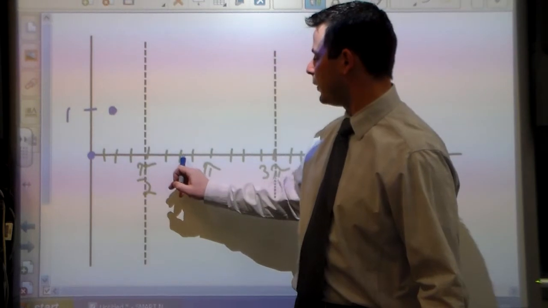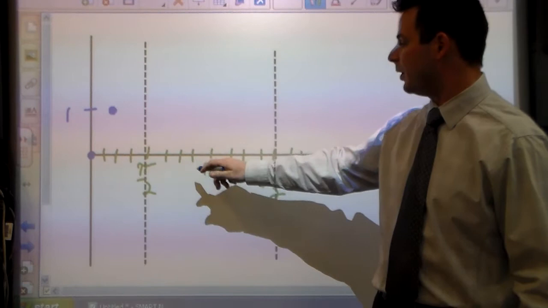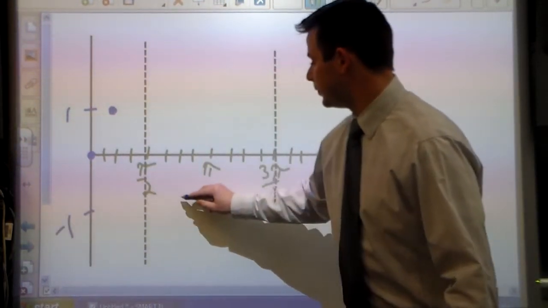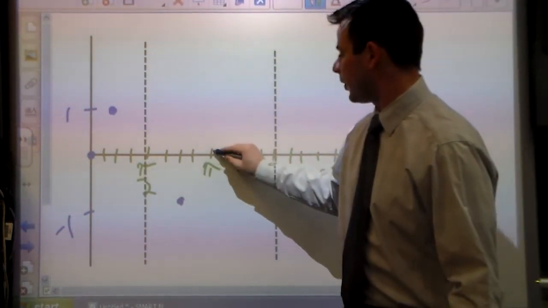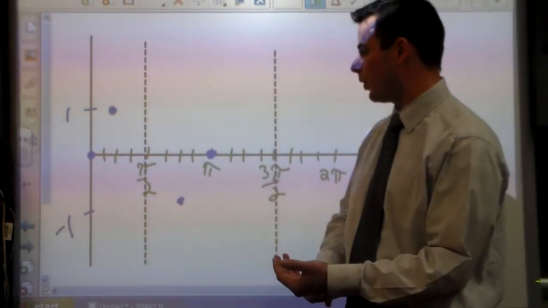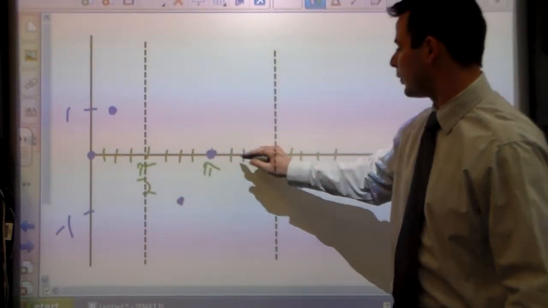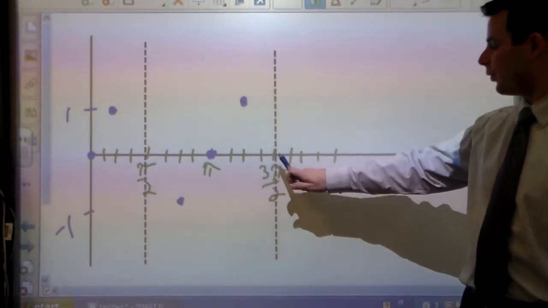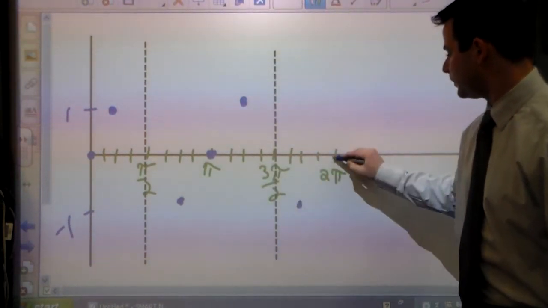So now what we're working on is the tangent of 135 degrees. The tangent of 135 is -1. The tangent of 180 is 0. I'm just plugging these values into my calculator. The tangent of 225 degrees is 1. The tangent of 3 pi over 2 is undefined. And then we're going to continue repeating.